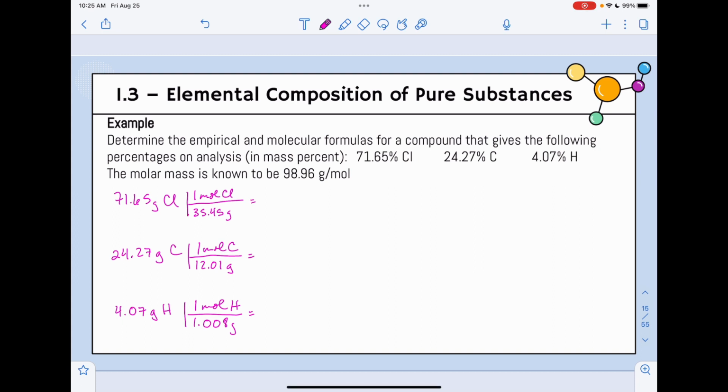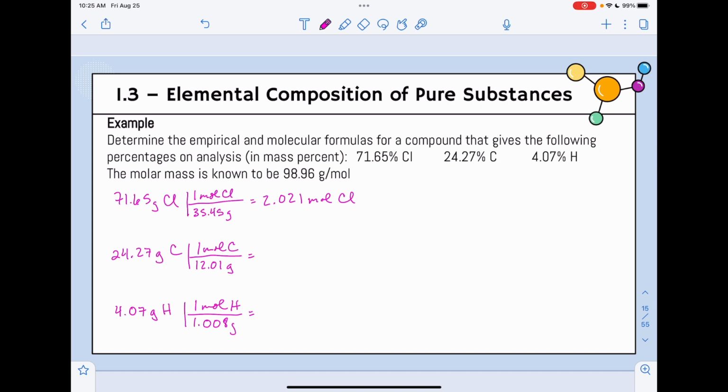Okay, let's get out those calculators and see what we get. 71.65 divided by 35.45 gets me 2.021 moles of chlorine.